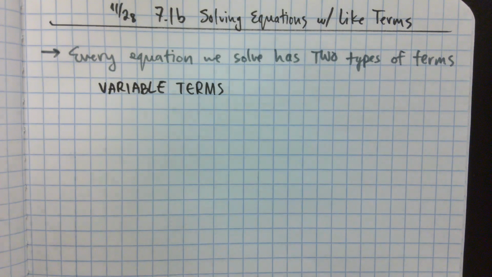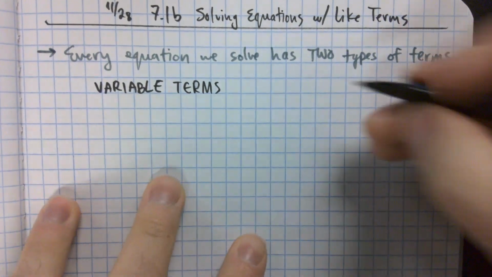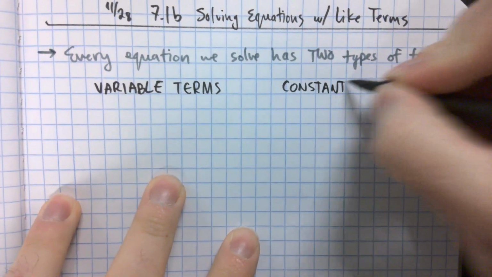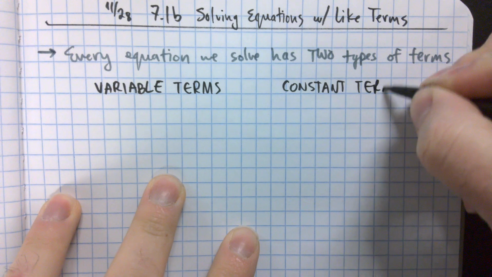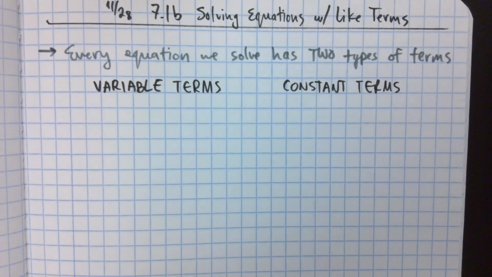Variable terms, or terms that contain a letter, and constant terms, which are only numbers.